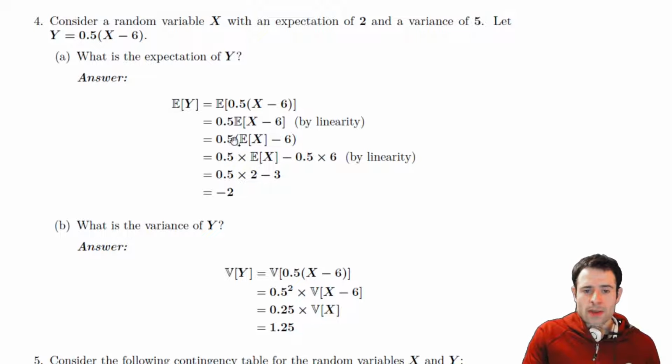Finally, I can just expand. 0.5 times the expectation of x minus 0.5 times 6. I know that the expectation of x is equal to 2, so I replace the expectation of x by 2. 0.5 times 6 is equal to 3. I end up with 0.5 times 2 minus 3, which is minus 2. So if x has an expectation of 2, y will have an expectation of minus 2 because of this transformation here.